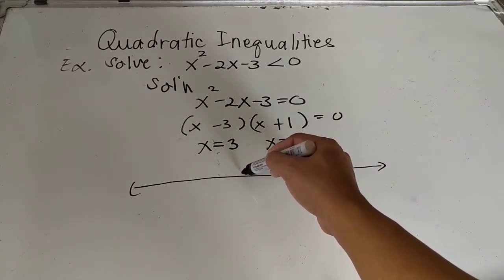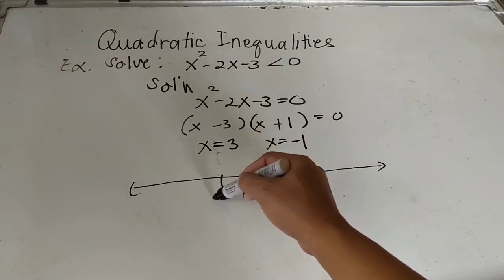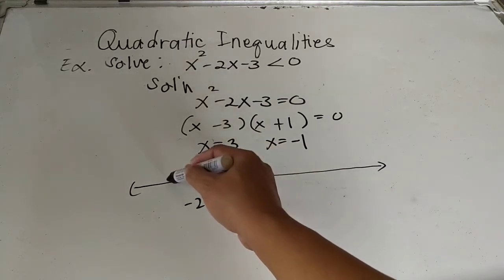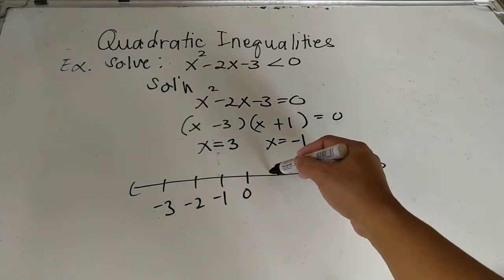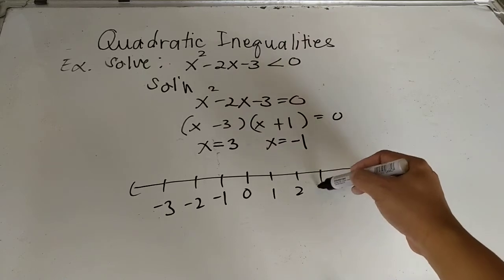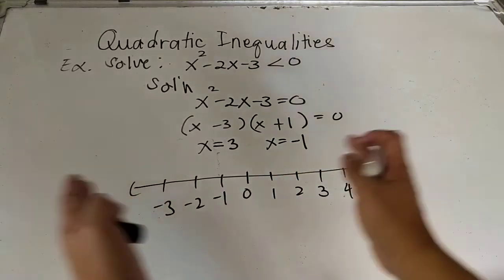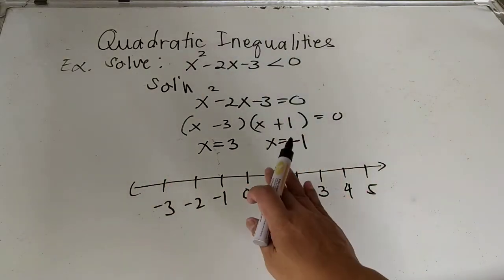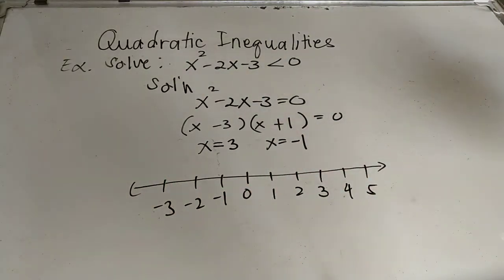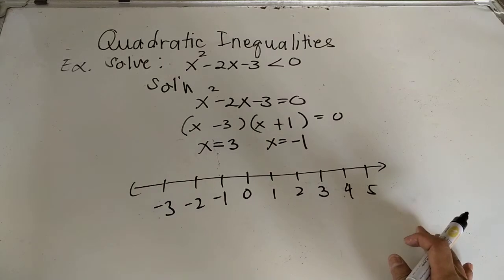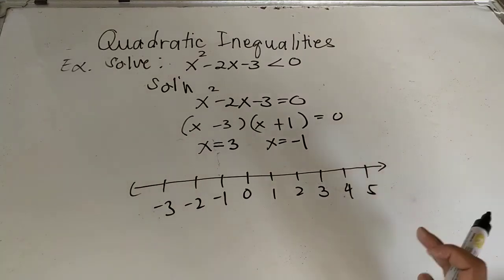Okay, dito yung 0, sabihin na natin, 0. You have the negative 1 there, the negative 2, and the negative 3. And you have here 1, you have 2, you have 3, you have 4, let's say up to 5. Pero pag sinabing number line, mahaba yan. On the right side of your 0 will be the positive infinity, and on the left side of your 0 will be up to negative infinity.